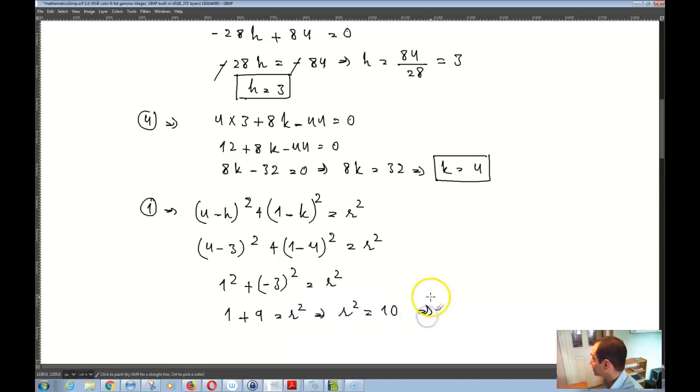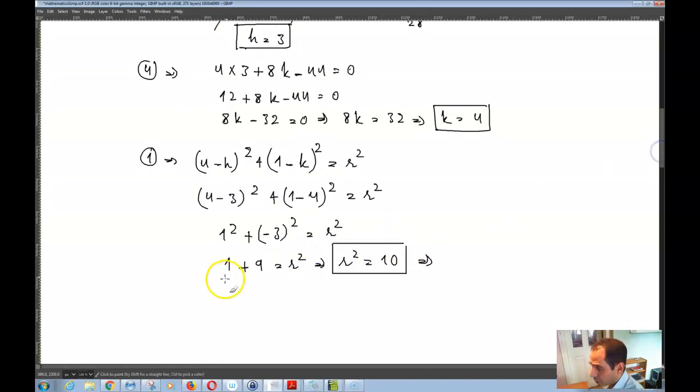Well, r squared is equal to 10 is basically good enough for what we want to do, because in our equation we need r squared and not r. So now I know that my h is equal to 3, my k is equal to 4, and my r squared is equal to 10.